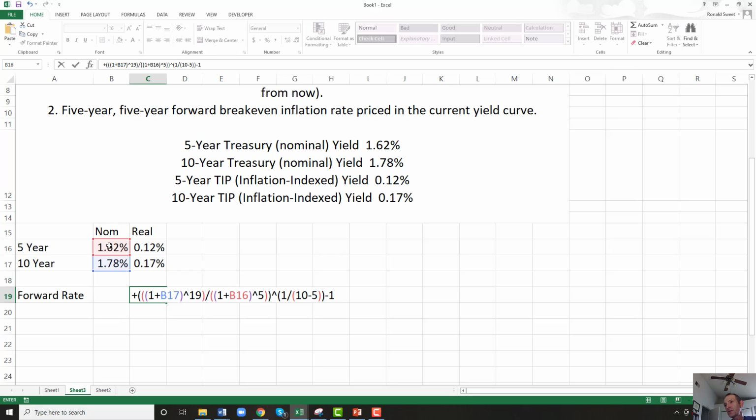I'm using the 10 minus 5 just in case I give you a 20-year bond and a 5-year bond. You're not raising it to the 1/5 power because it's a 5-year treasury. You're raising it because you're looking at a 10 versus a 5. So I always want you thinking 10 minus 5. So there's your forward rate.